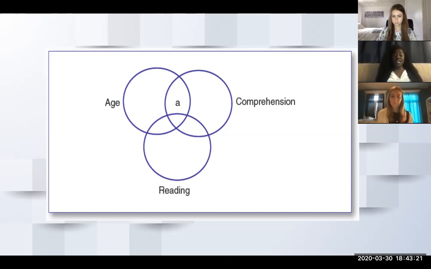As you can see, reading is associated with age, and reading is also associated with comprehension. But researchers want to know, apart from this mediating variable, what is the relationship between age and comprehension? So researchers will calculate the variance highlighted where the A is located, using partial correlations.